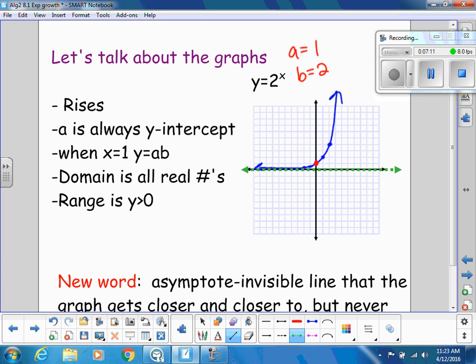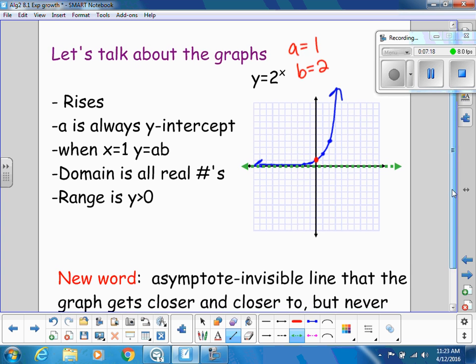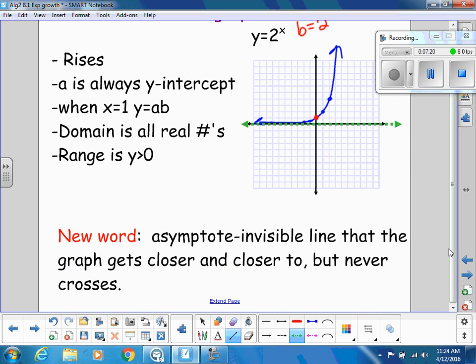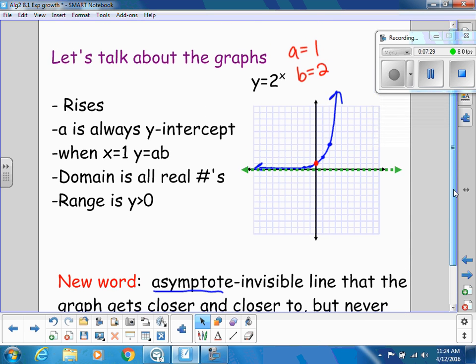Do you notice that I don't say it's greater than or equal to 0? Because it's never going to touch that line. And that's that new word that we learned last unit, asymptote, right? It's that invisible line that the graph gets closer and closer to but never crosses. All right, so these exponential graphs are always going to have those asymptotes. It will always get closer and closer to that line but never touch it.